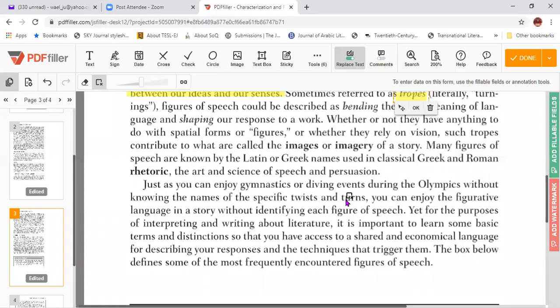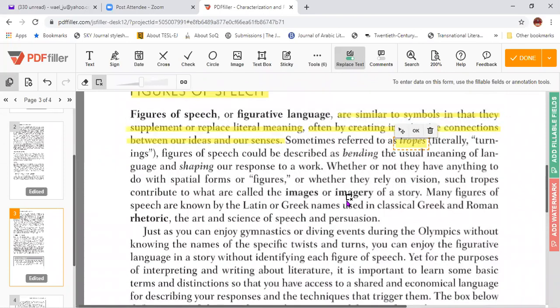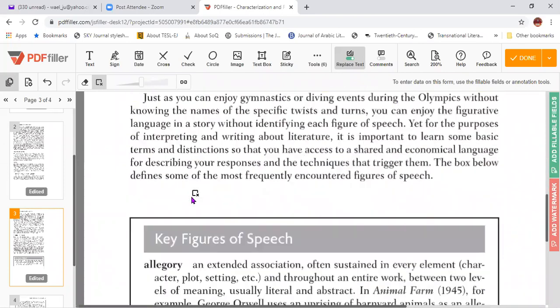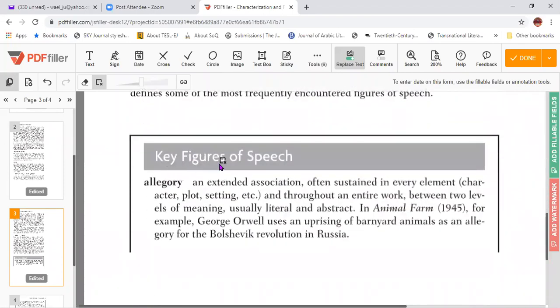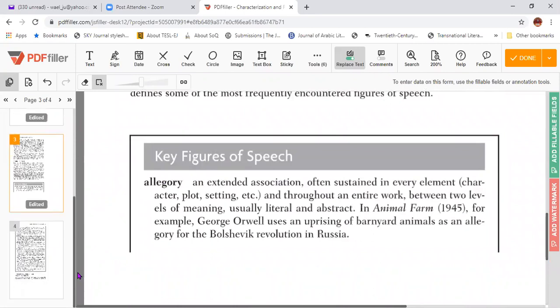Okay, so here you have key figures of speech that we have to get ourselves acquainted with. The first figure of speech is called the allegory. What do we mean by allegory?